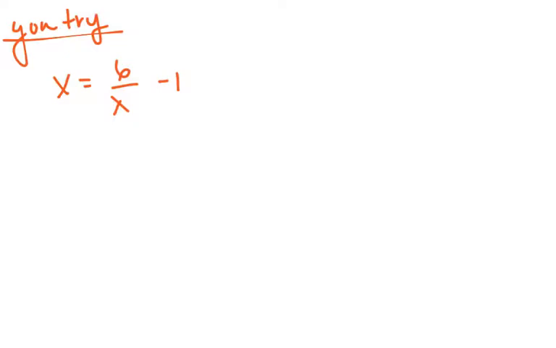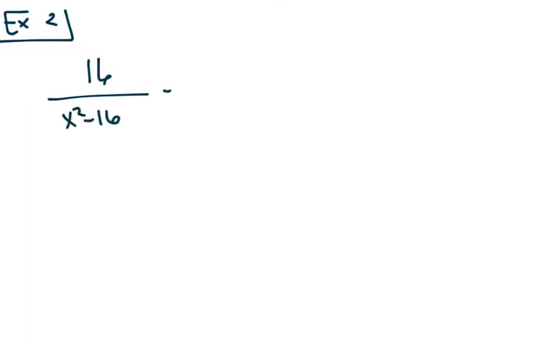Alright. So the next one, which is our last example of the day. Example 2, you have 16 over x squared minus 16 equals 2 over x minus 4.